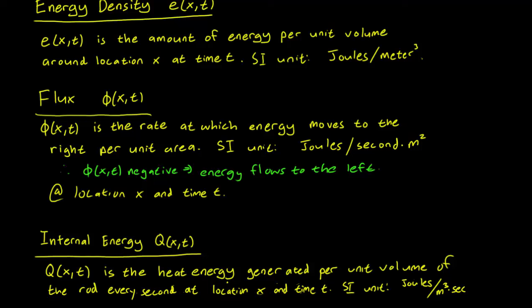Now this might seem a bit strange, but in some physical applications, you want to consider that chemical reactions might cause the rod itself to generate heat, and this Q(x,t) will represent that. But in the beginning part of this course, and most of the problems we'll think about, Q(x,t) will be 0. We will not think of the cases where the rod is magically generating heat. So clearly, the SI unit here should be joules per cubic meter per second.